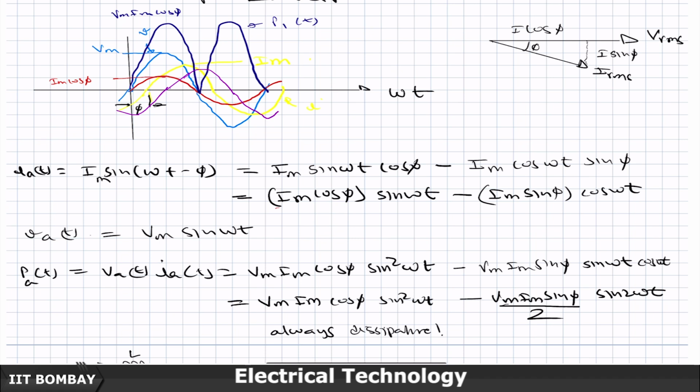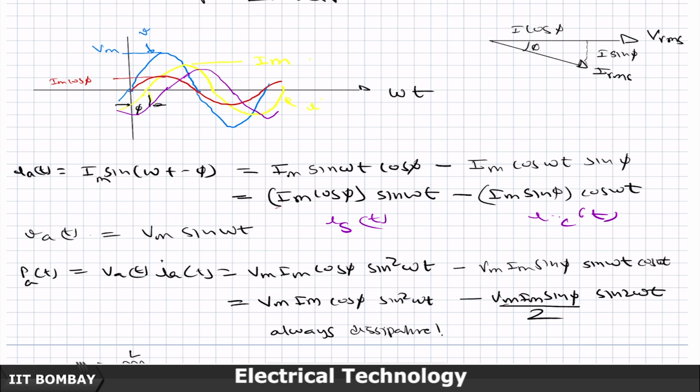So, I will rub this so that only voltages and currents are seen here. You can now see that this is the IC of t component, and this is the IS of t component, and this is the cosine component or IC of t component.